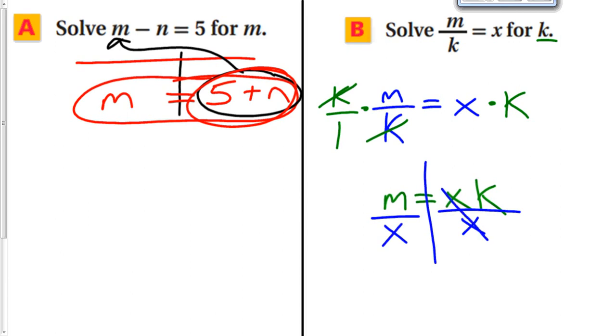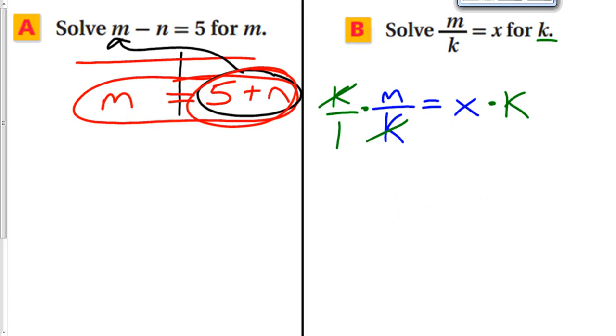So k equals m over x. And again, you can plug that back in and check, and it should work out. But like I said, not always easy. I'll show you how to do that with some interesting ones in class.